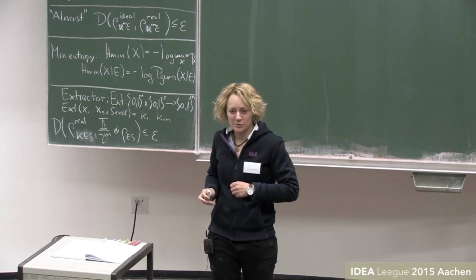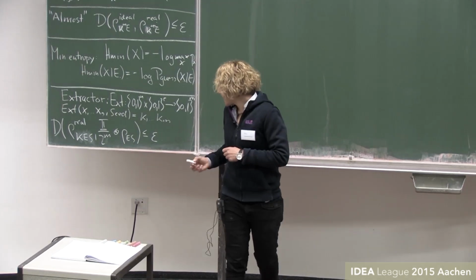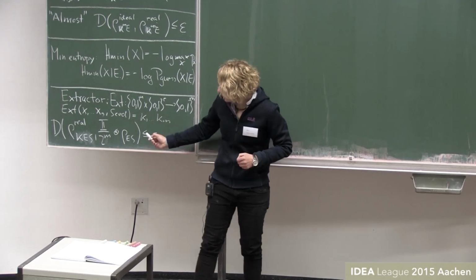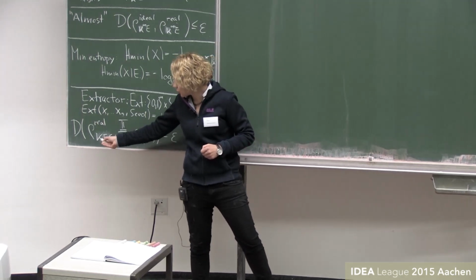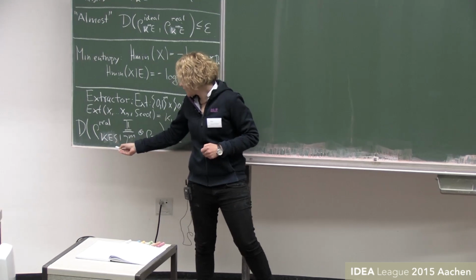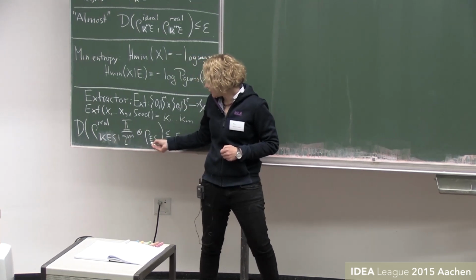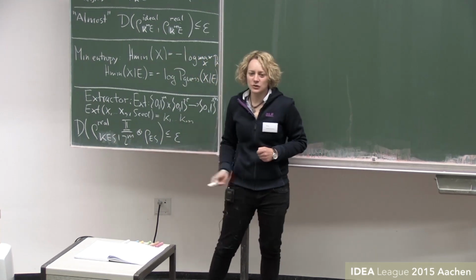It's not particularly surprising. So the nice thing is that what it means to be a strong extractor is that the bits that are generated, which I'm calling here k, are independent of both E as well as the seed used to produce them.